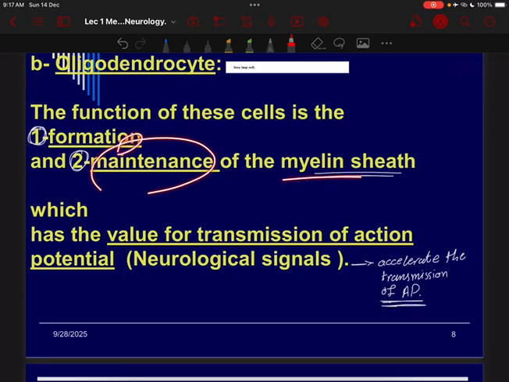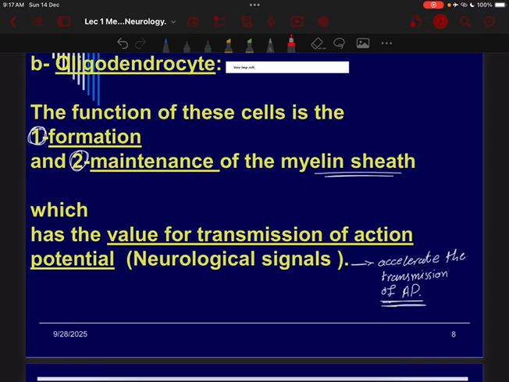The myelin sheath is very important for the transmission of the action potential, by which we mean the neurological signals.